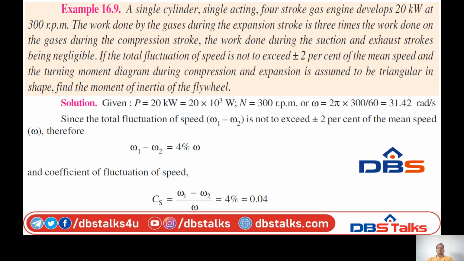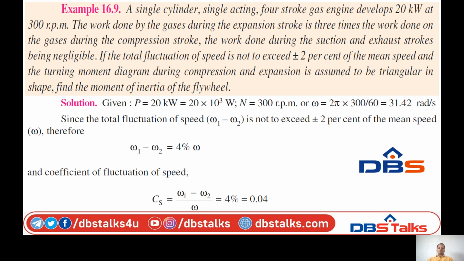Now the problems on turning moment diagram and the flywheel. A single cylinder, single acting, four-stroke gas engine develops 20 kilowatts at a speed of 300 rpm.